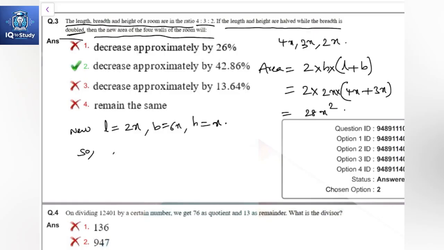So the new area will be 2 into x into (2x plus 6x), which is equal to 16x square. We have to find the new area of 4 walls of the room when the change occurs.